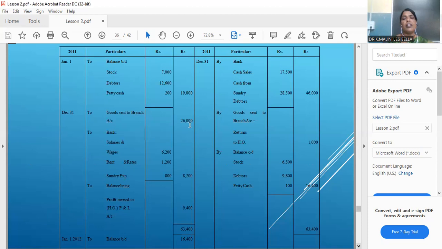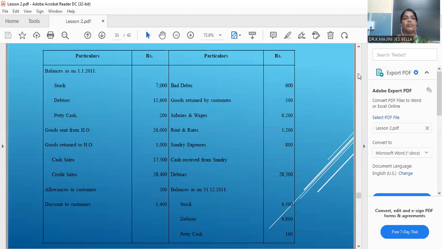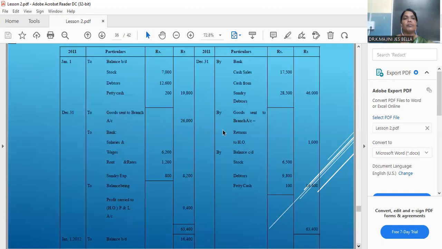You should have the balance. So 4,600 cash, to stock 7,000, to debtors 12,600, to petty cash 200. How much is the total amount? 19,800. Write the total in the outer column.